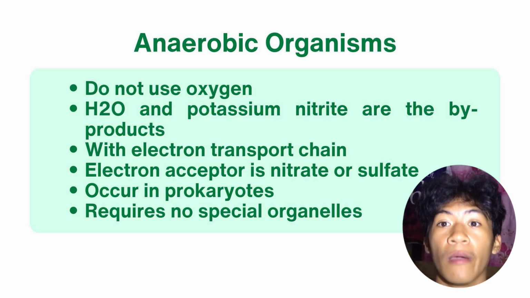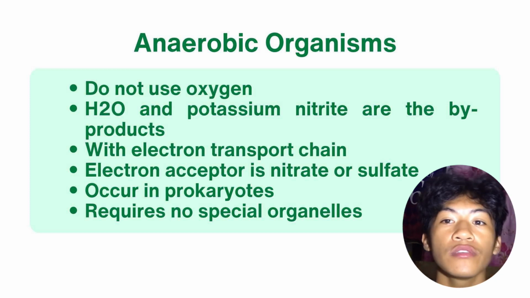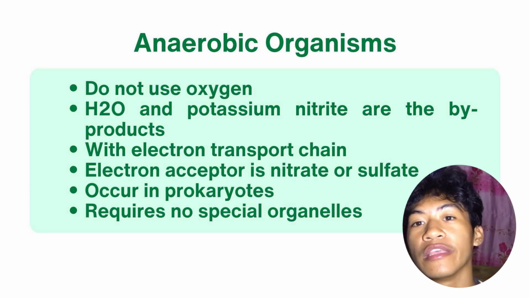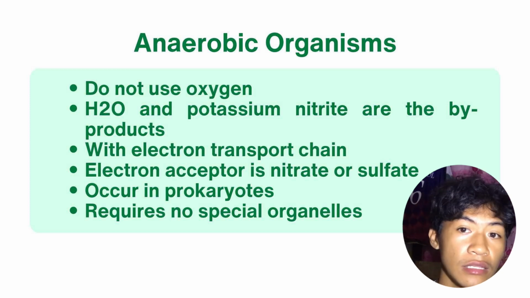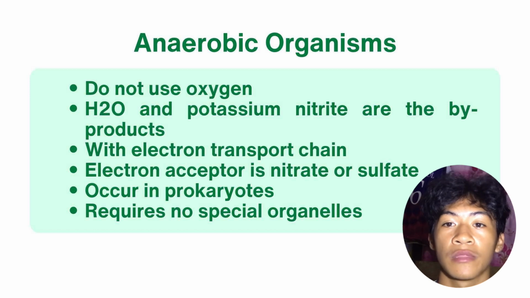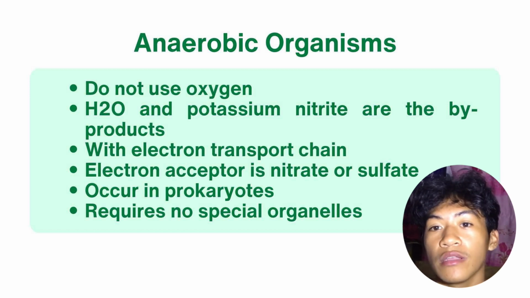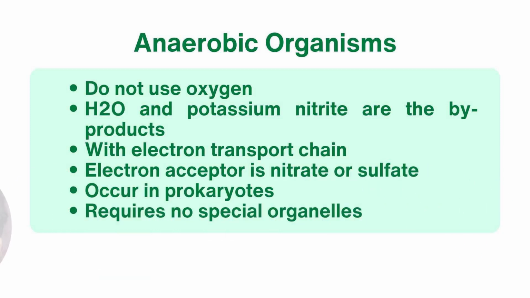They produce methane as a byproduct of their metabolism in anaerobic environments such as swamps, marshes, and the digestive system of animals. These anaerobic organisms demonstrate remarkable adaptability and metabolic diversity in environments where oxygen is limited or absent.